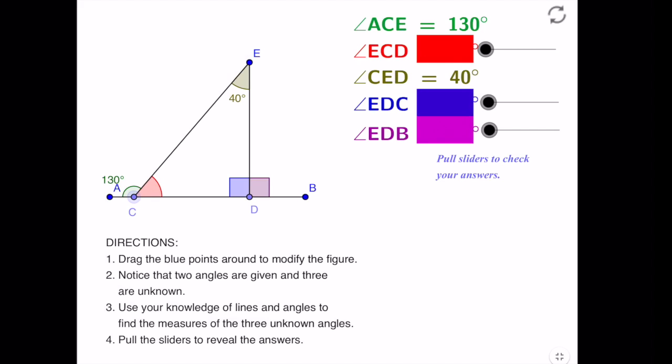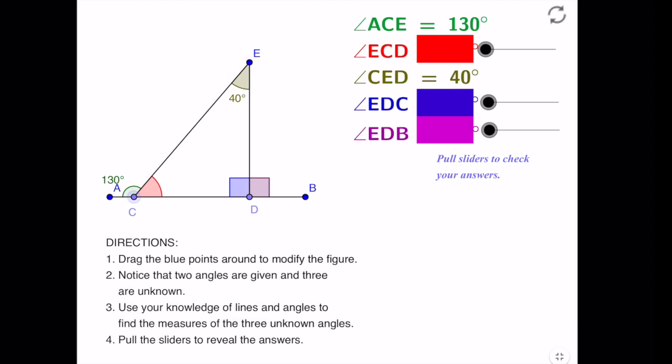And it says, how can you find what angle ECD is? Right here up in the top right, it's covered up. Can you do it, given what we have on the diagram? Well, we know that the top angle, E, is 40, and the bottom one on the right is 90.